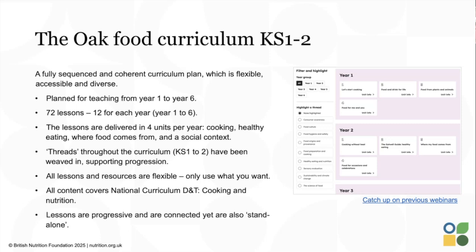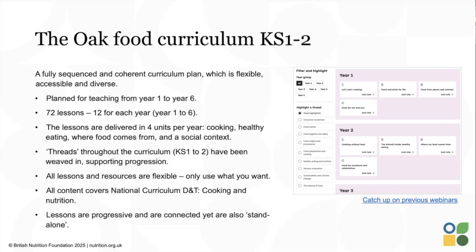And all the lessons are progressive, so they link to each other. So when we've got the units from year 1 up to 4, and let's say, for example, we're taking the cooking unit, we've been very, very careful to make sure the units on cooking progress from year 1 to 2 to 3 to 4, 5 and 6. So basically the concepts get harder, the understanding is more challenging.